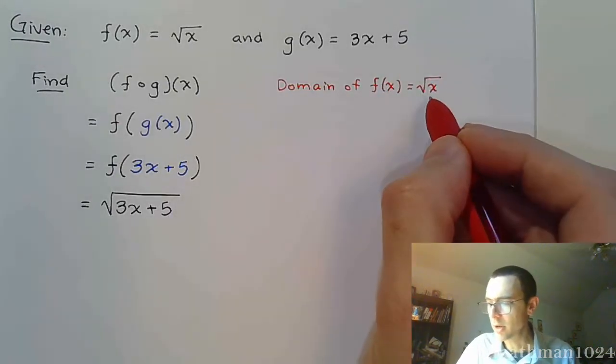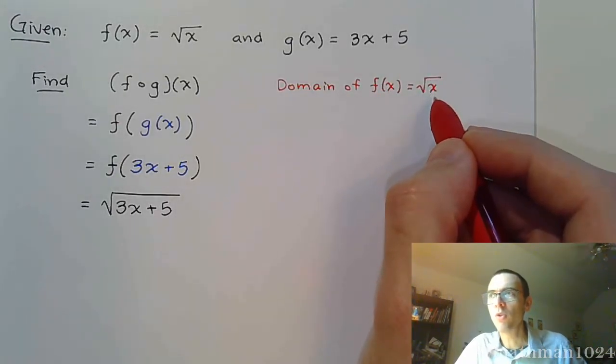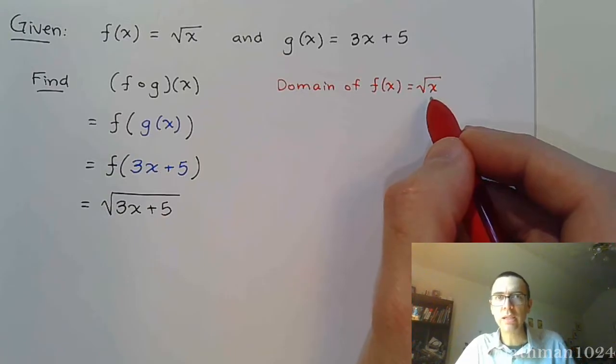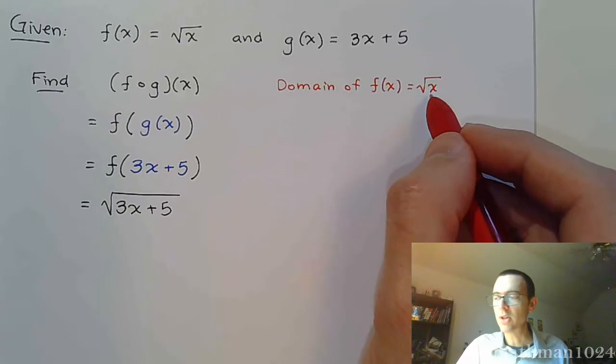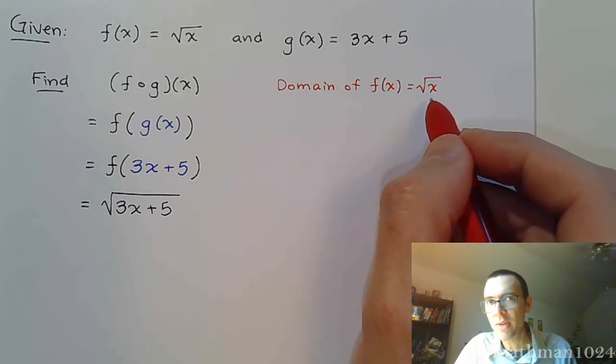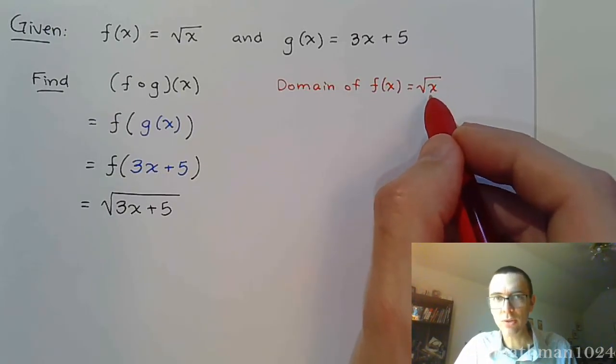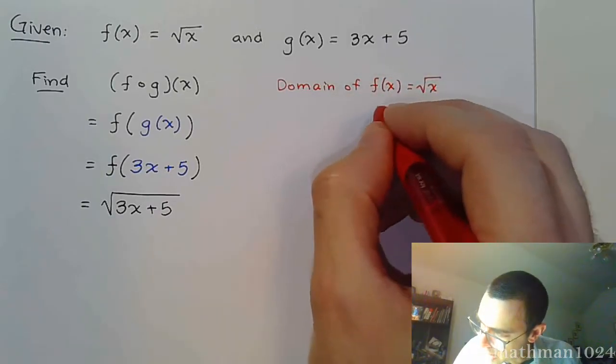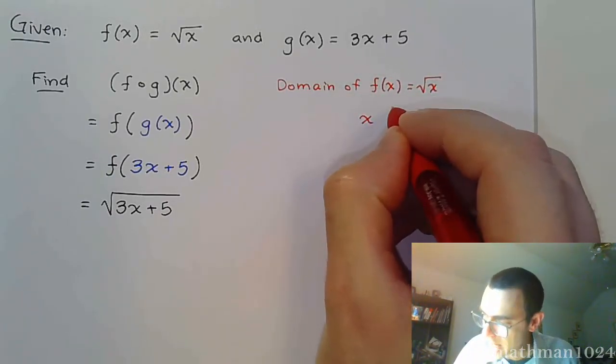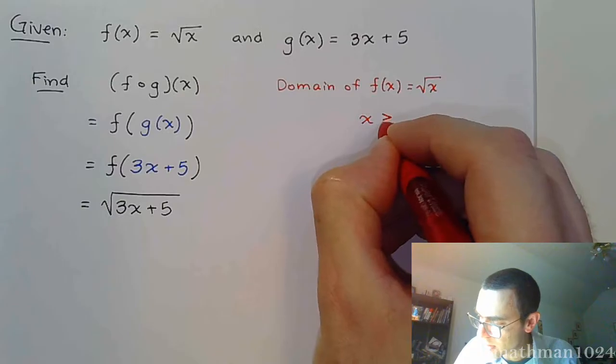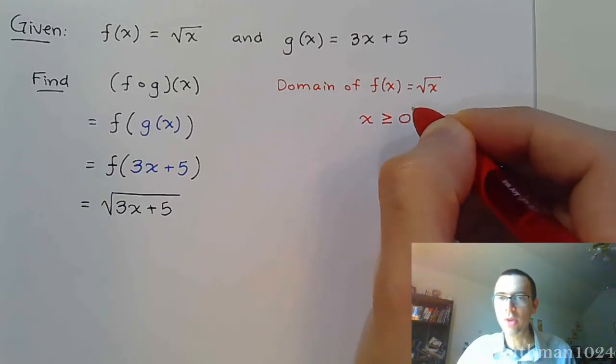So I have a square root here. And with the square root, you remember that the parent function does not have a domain of all real numbers. The domain is just from 0 to infinity. Anytime you want to find the domain of a radical function, you take that radicand, x, and solve the inequality where it's greater than or equal to 0.